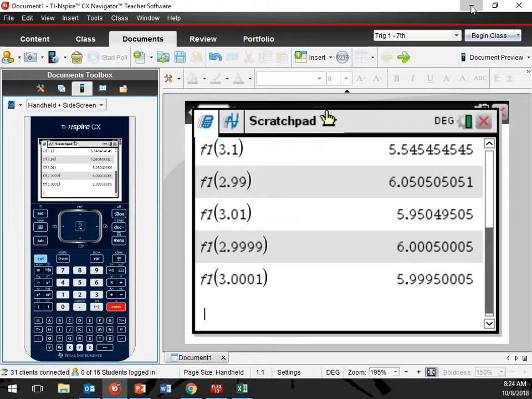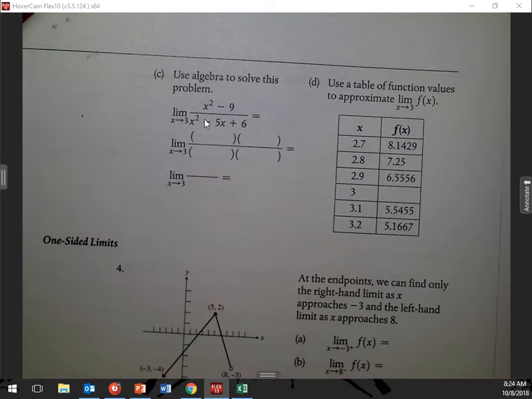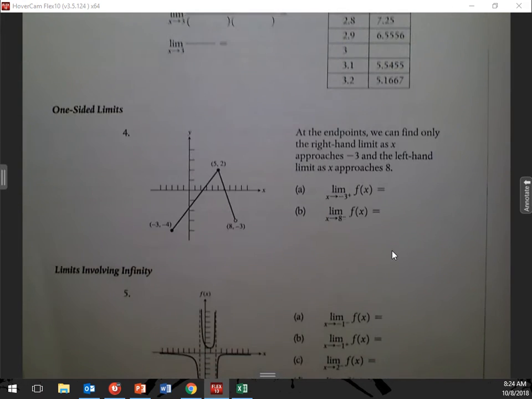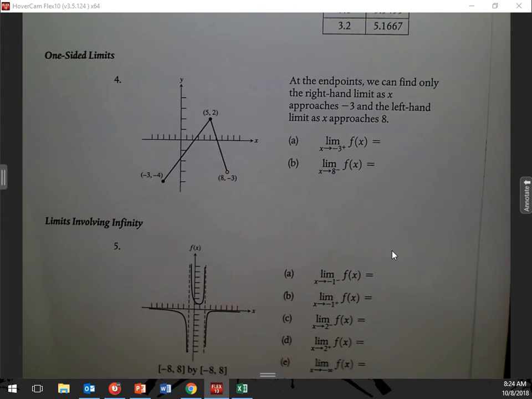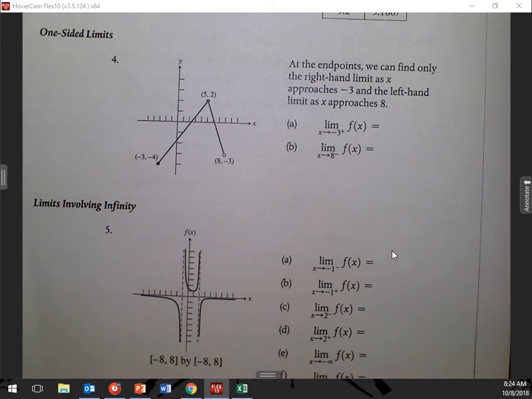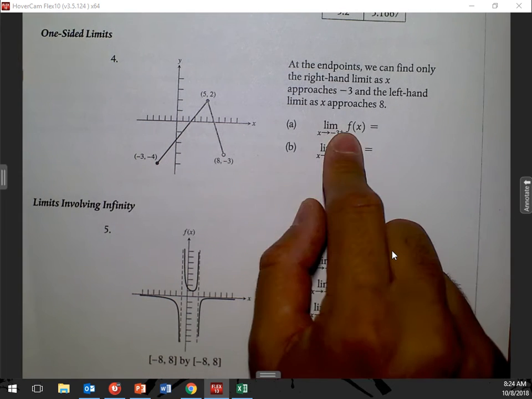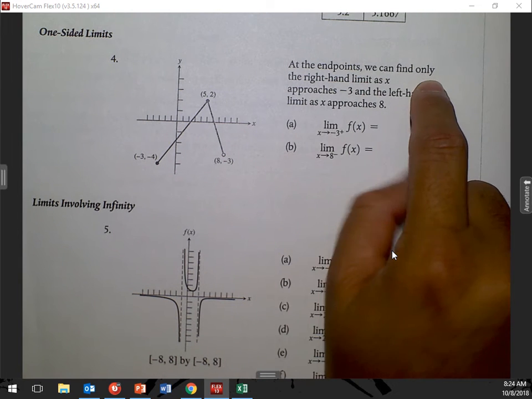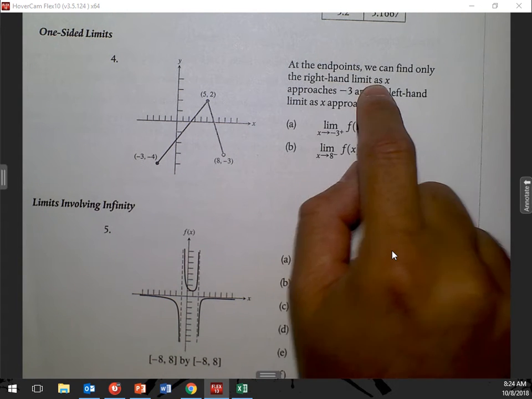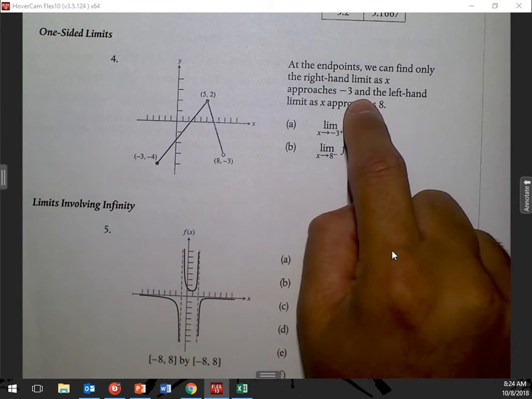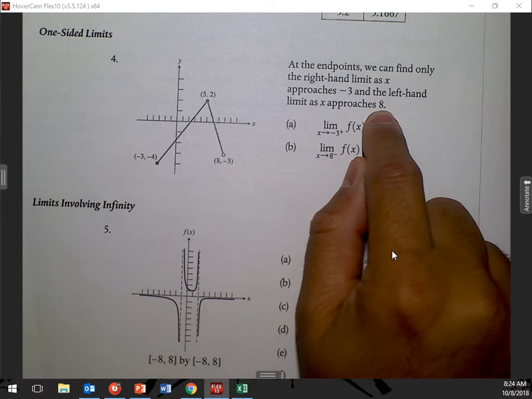All right, so let's take a look at where we're at here. I did this on the other page, so we don't have to go through and do this. Okay, so let's take a look at one-sided limits now. At the endpoints, we can only find the right-hand limit as x approaches -3, and the left-hand limit as x approaches 8.